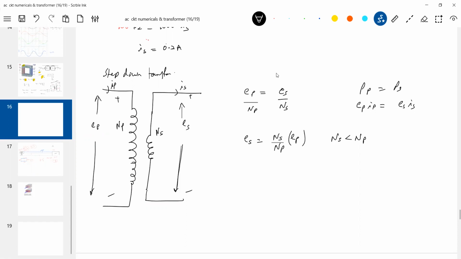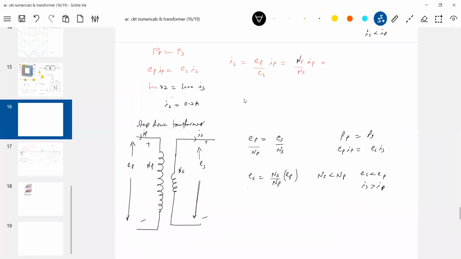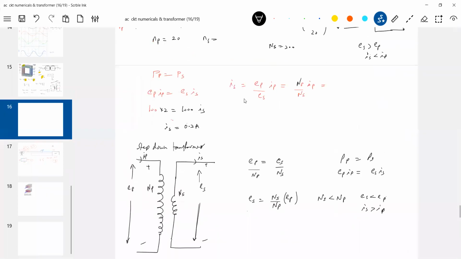If you step down, the current IS will increase: IS will be greater than IP, and ES will be less than EP. The desired ES determines the ratio of NS by NP. Like this, step-down and step-up transformers are used. This is the method.